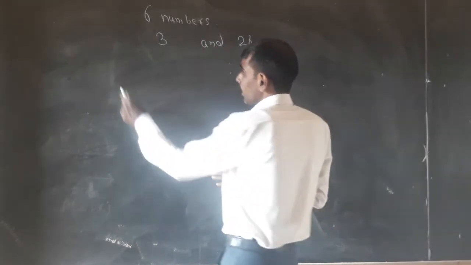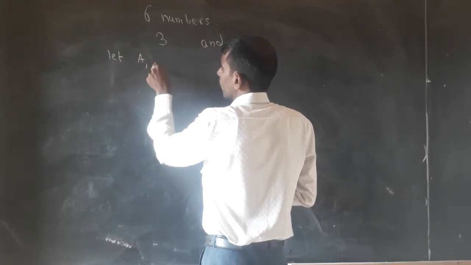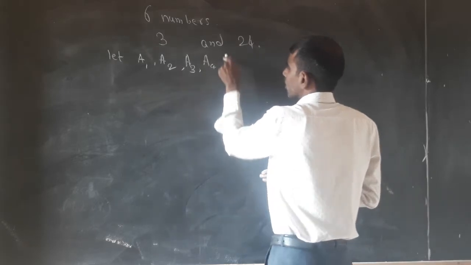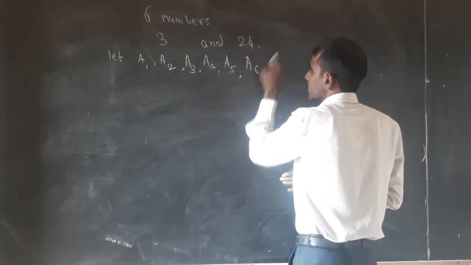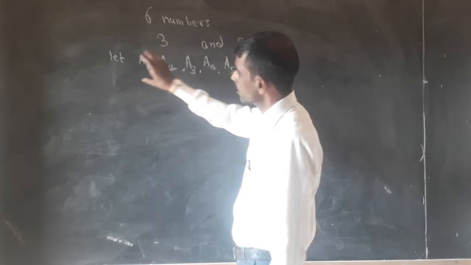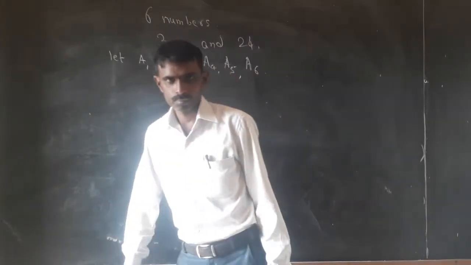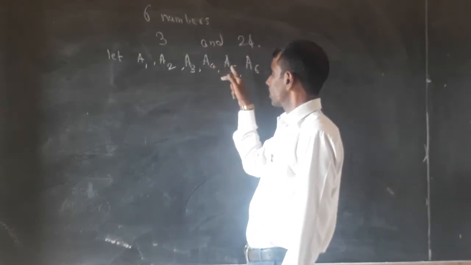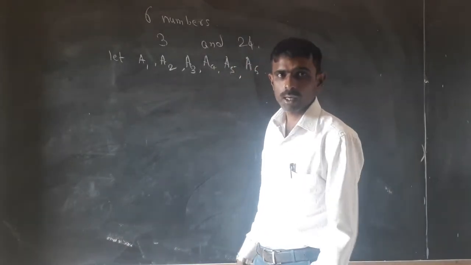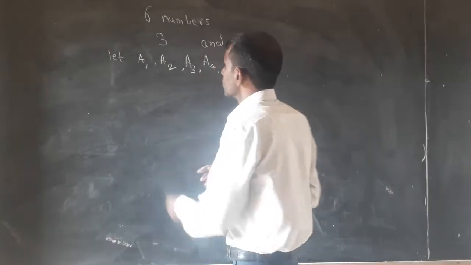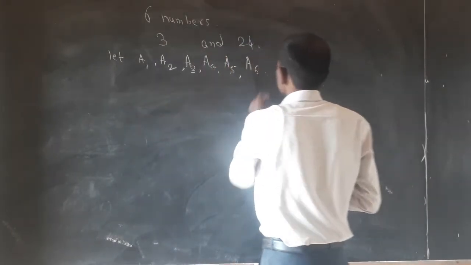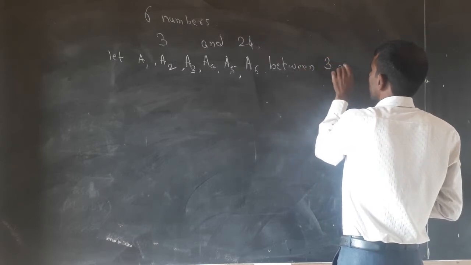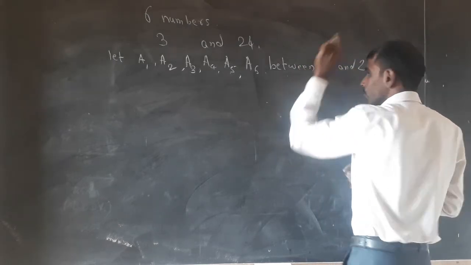So let A1, A2, A3, A4, A5 and A6 be the 6 arithmetic means between the numbers 3 and 24.